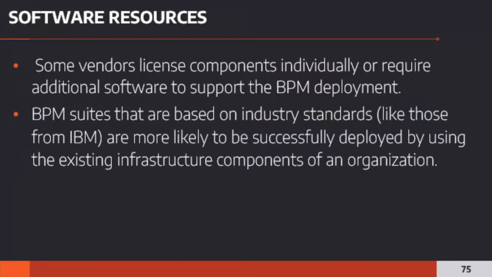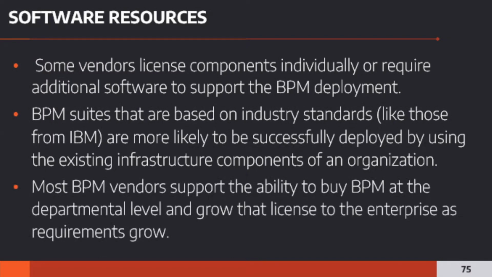BPM suites that are based on industry standards, like those from IBM, are more likely to be successfully deployed by using the existing infrastructure components of the organization. Most BPM vendors allow you to buy BPM at the departmental level and grow that license to the enterprise as the requirements grow.